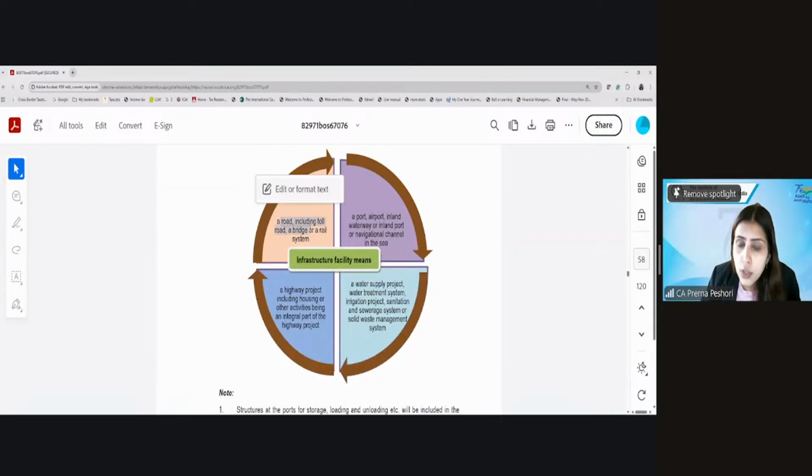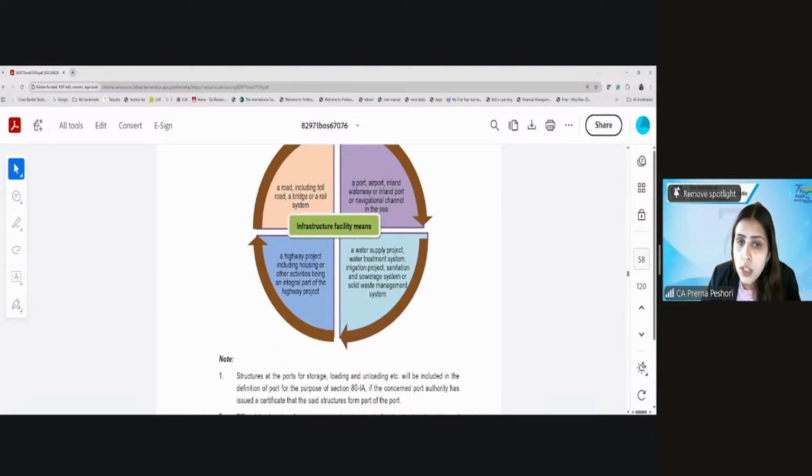Now, what are the infrastructure facilities? Road, including toll road, bridge, railway system, port, airport, inland waterways, inland ports, navigation channel in the sea, highway project, housing projects which are part of the highway project, water supply treatment, water supply project, irrigation, sanitation, sewerage system, solid waste management system.